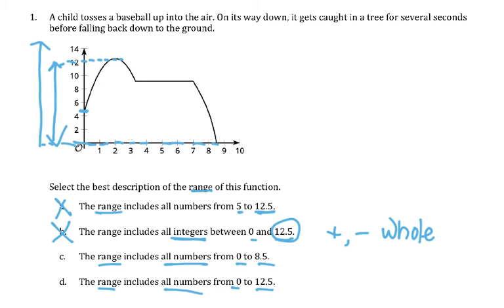Well, 8.5 is about right here. Well, no, it's not that one. So it's the range includes all numbers from 0 all the way up to right here, which is 12.5. So this is the correct one. That is the best description of my range.